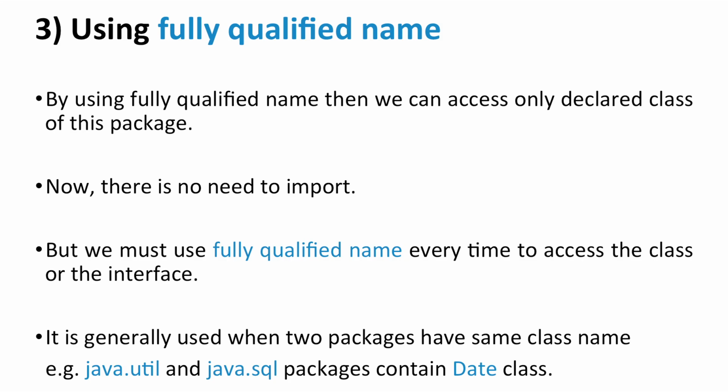the interface. It is generally used when two packages have the same class name. Example, java.util and java.sql packages contain the Date class. So one interesting scenario I would like to share with you: util is a sub package under the Java package and sql is a sub package under the Java package.